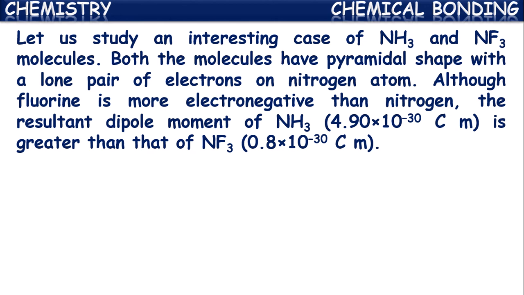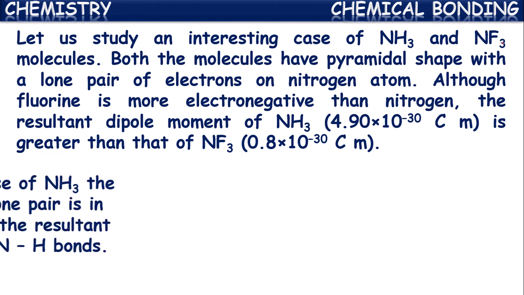Why is it so, let us see. Observe once, both the molecules have similar structure, that is a pyramidal shape, and both have nitrogen as the central atom. But out of these two, the net dipole moment of the ammonia molecule is greater than that of the NF3 molecule. Let us see why it is so.